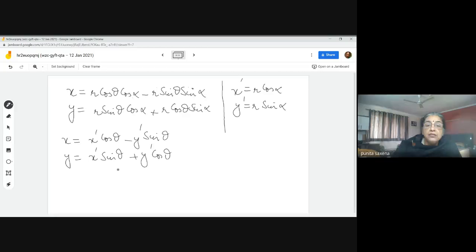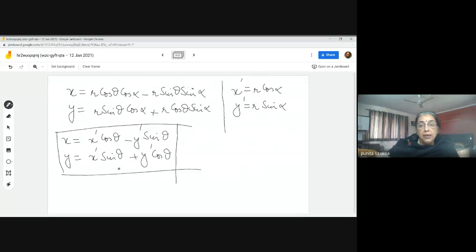So that means in this case alpha is not required, right? So what have I got? I have got the transformation equations, right? Which will give me, see, that means what from these two equations, what do I have to remember? I have to remember that xy is my original system of coordinates, right?